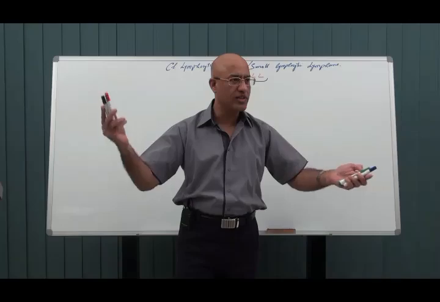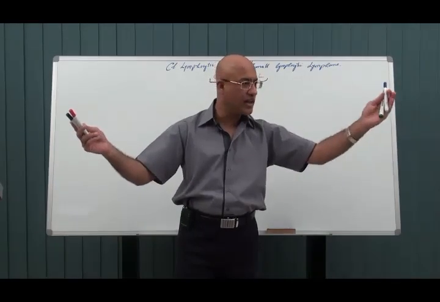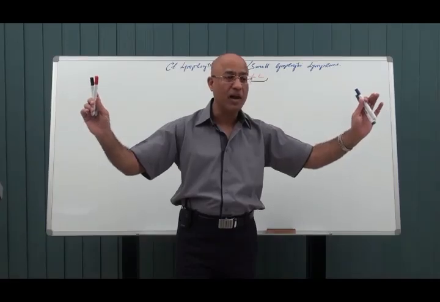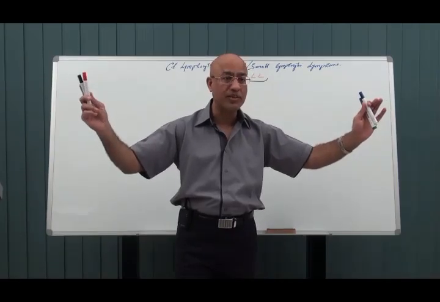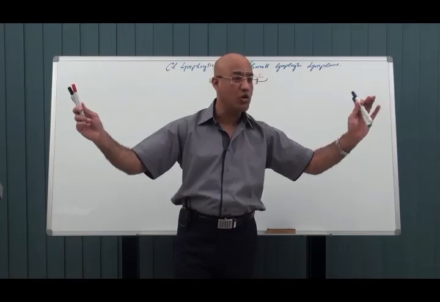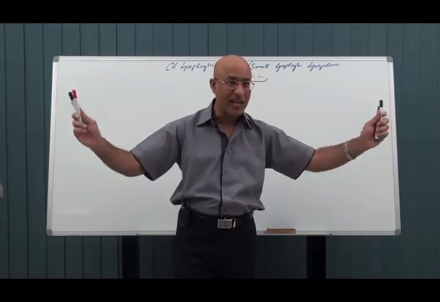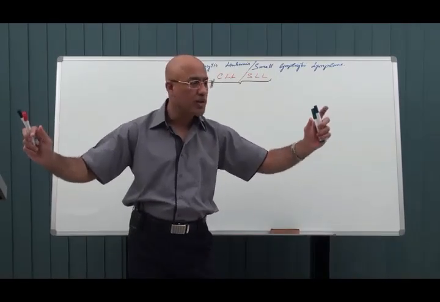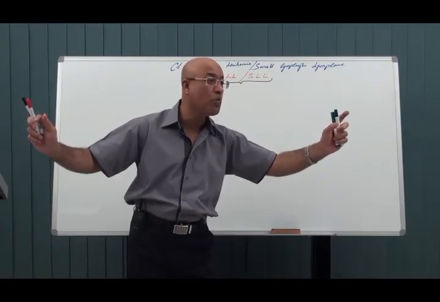Let's suppose I say this hand is lymphoblast and this hand is lymphocyte, the name tells a lot. When I say lymphoblast, it means it's rapidly proliferating. When I say lymphocyte, they are not rapidly proliferating, right? When I say lymphoblast, it means they are relatively immature. When I say lymphocyte, they are relatively more mature.